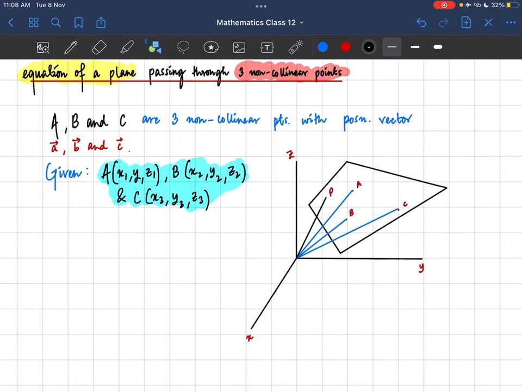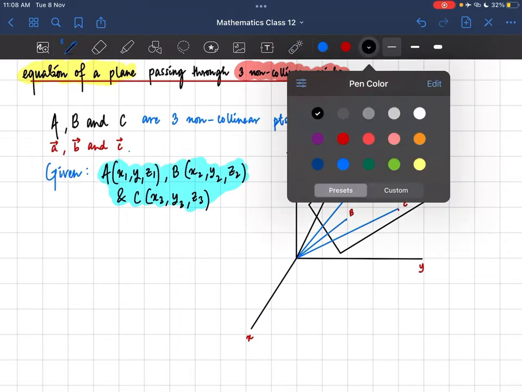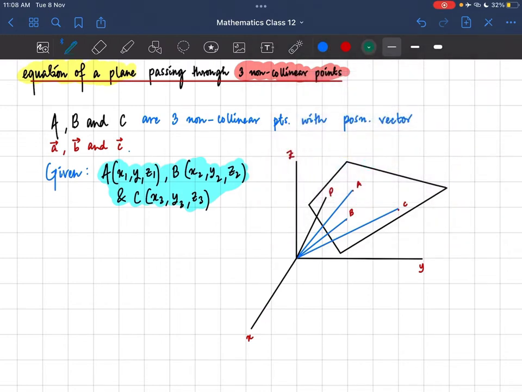Now, in order to find the equation, we're going to join the line AP. So this is the vector joining the 2 points A and P. This P vector is the R vector, and the position vector of A is the A vector.